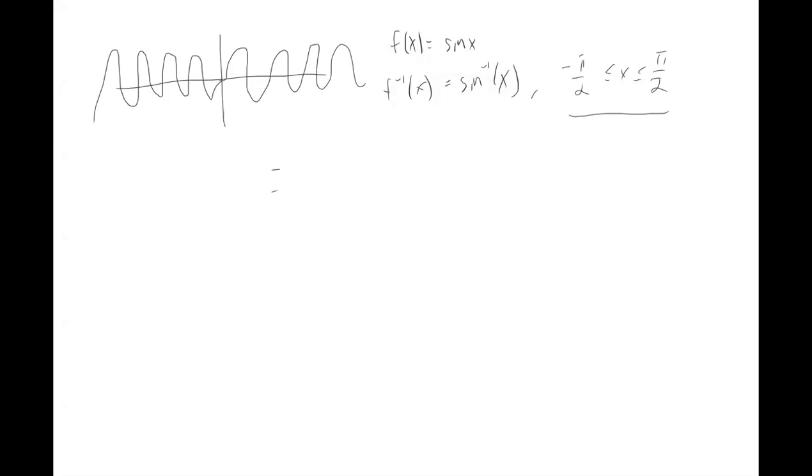Here you could draw a horizontal line that hits infinitely many points. So it's not 1-to-1, so sine is not invertible, a priori. But sine is like a wave, so we could just consider it on a piece.